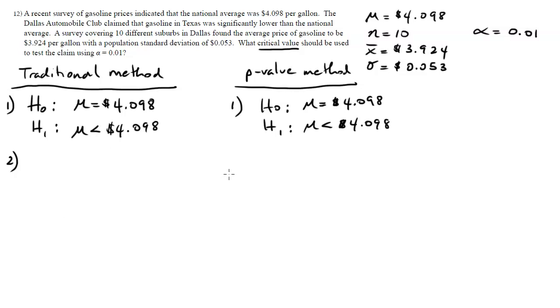So if we remember, so if we think about it, right, this is a less than, this claim, this is the claim. Right, that's the claim. This claim is that gas is less than.